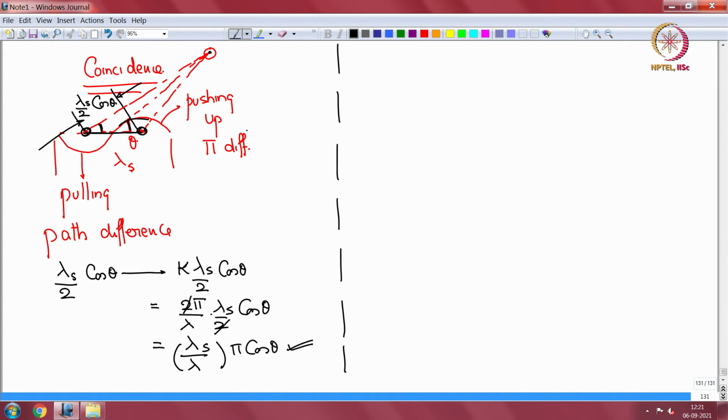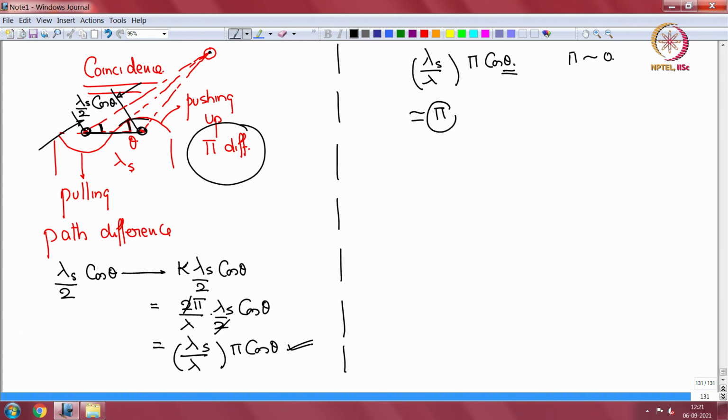There is already a pi difference. So, this expression lambda s by lambda, pi cos theta, for all theta that you can think of, will be very close to pi and it will be close to 0 also based on theta values, and it has to be approximately pi.